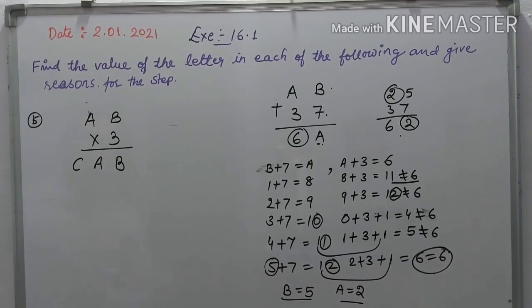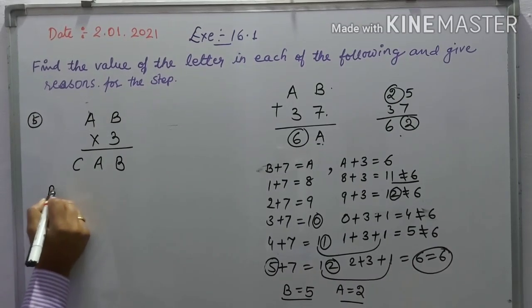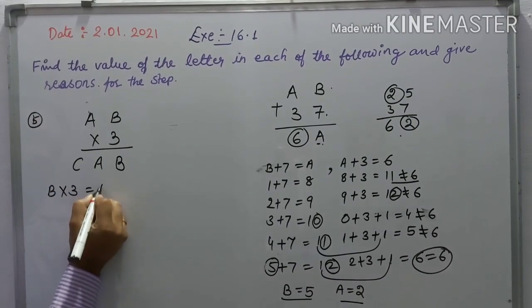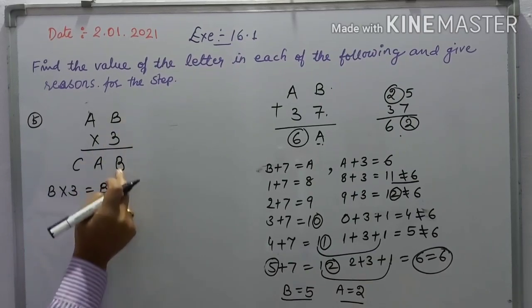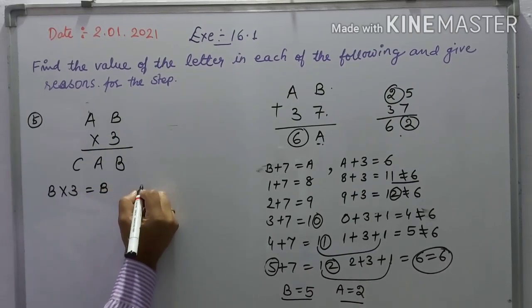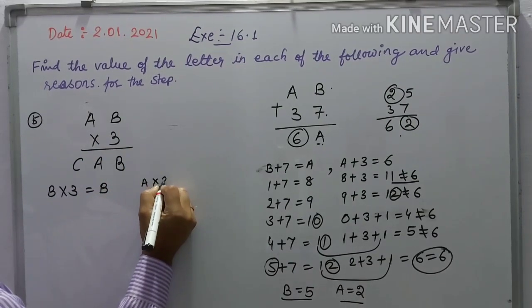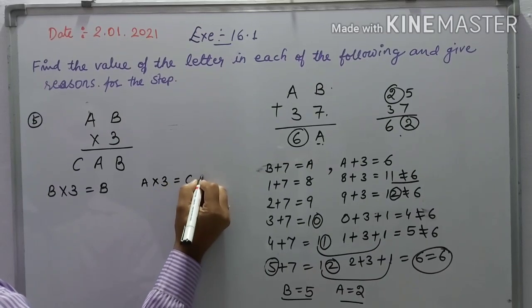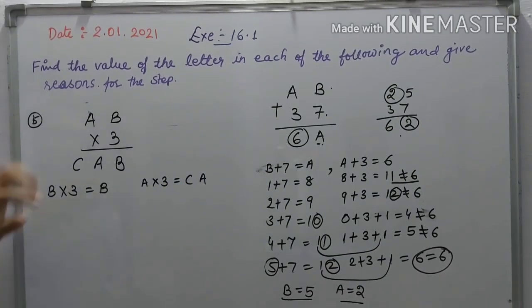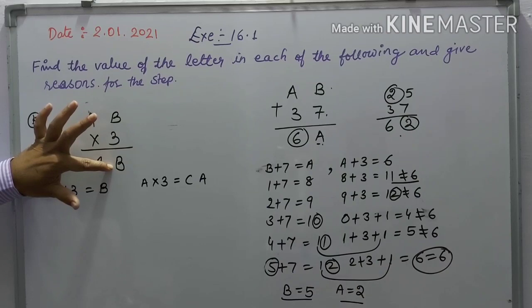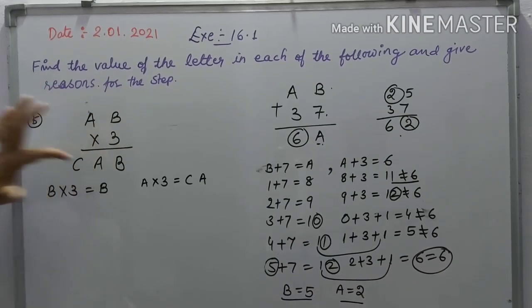Okay, again you check that the value B into 3 is equal to B, and the next value is A into 3 is equal to CA. 3 into B is equal to B and 3 into A is equal to CA.